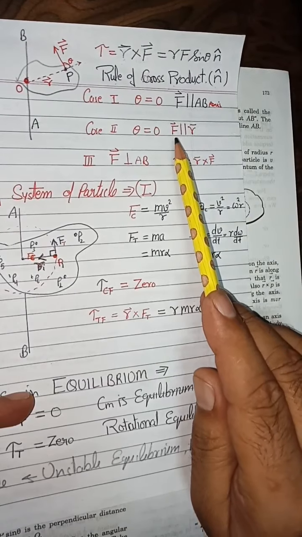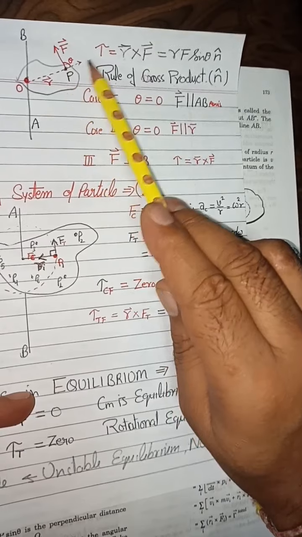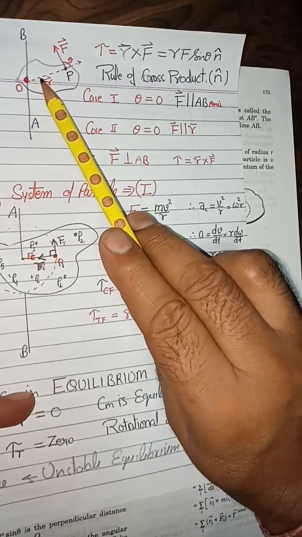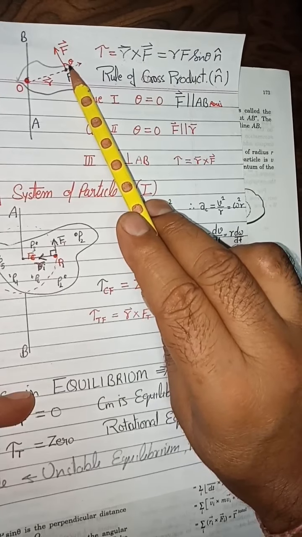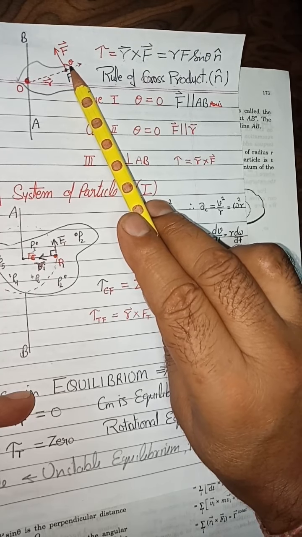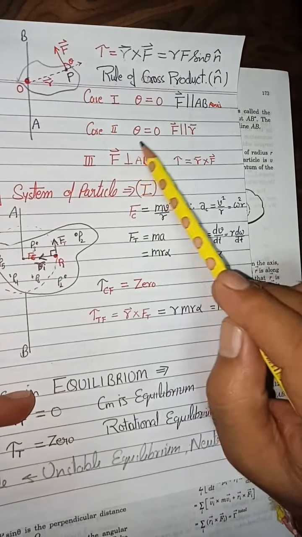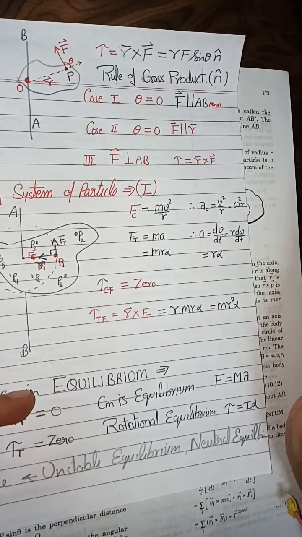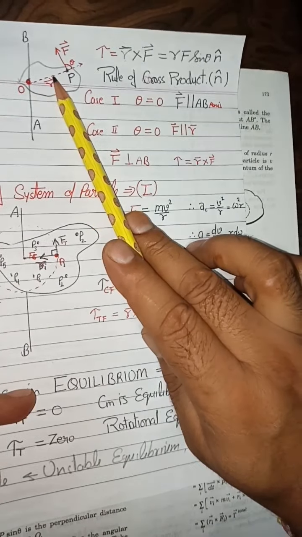In the second condition, suppose F is parallel to R. This is the direction of R. Suppose I am applying force in this direction again. So what is the angle in this case? Again theta is equal to 0. So if theta is equal to 0, again I can say torque is also 0. Now what is required when the force is perpendicular to AB?